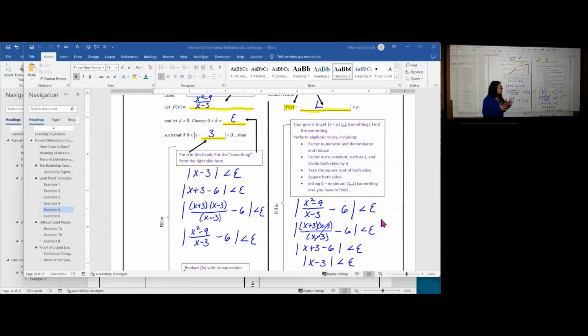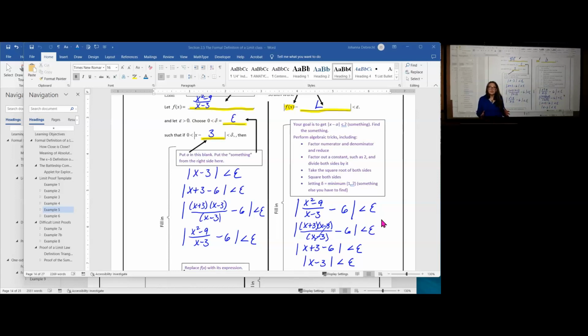So we go ahead and factor x squared minus 9. We cancel the x minus 3 common factor, and that results in x plus 3 minus 6. And you're right, now it combines to give us x minus 3, which is what we were after.